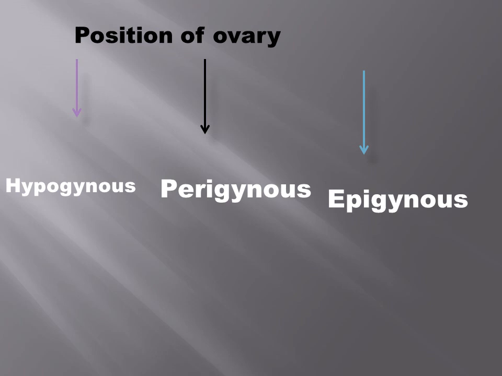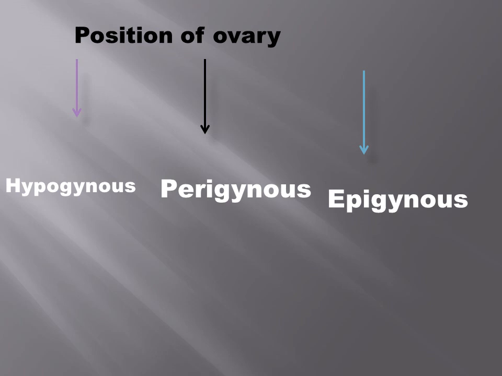While in the perigynous form, in this flower, a cup-like structure is formed around the base of the ovary, and calyx, corolla and androecium arise from the tip of the cup. In this way, the ovary is half covered and half free.